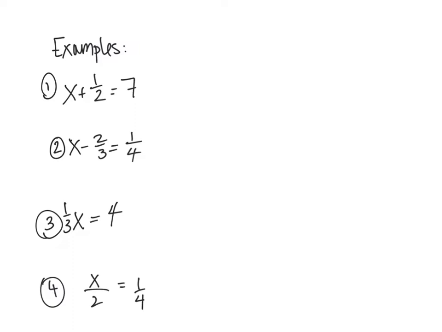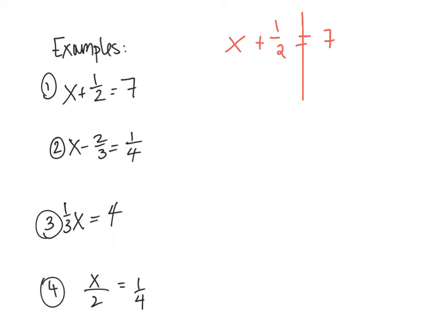So I have one of each, just so we can look at the process with all of them. So just like when we were solving other equations, I always like to draw my line for the equal sign, and that's something that we haven't really talked too much about, but something that I would start getting used to.